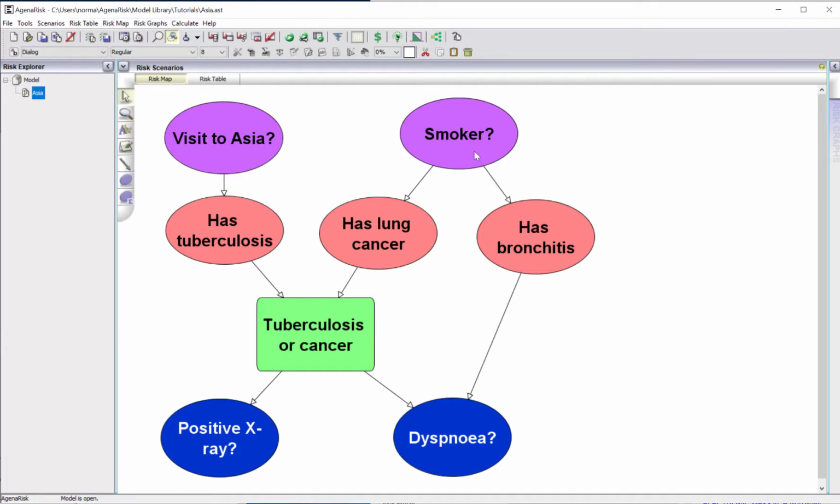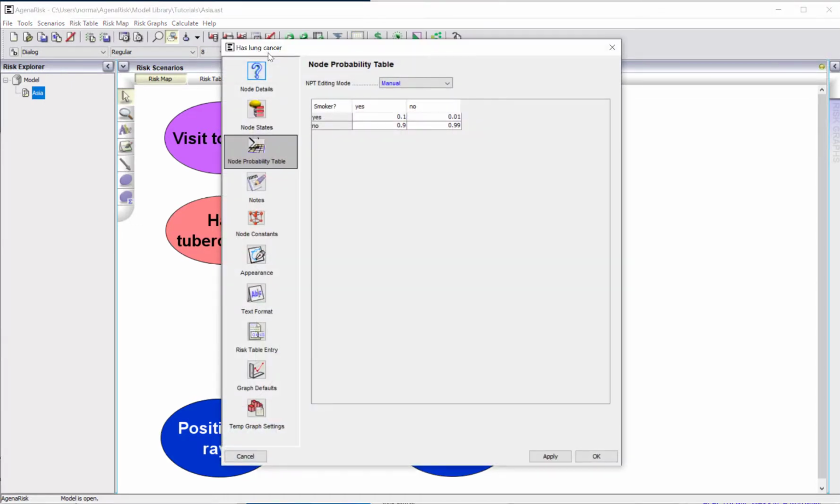There's a directed arc between two nodes, like smoker to lung cancer, if there's a direct causal or influential relationship between them. So we know that there is a statistical relationship between smoker and lung cancer. Smokers tend to be more likely to get lung cancer than non-smokers. And the strength of that relationship is captured in what we call the node probability table.